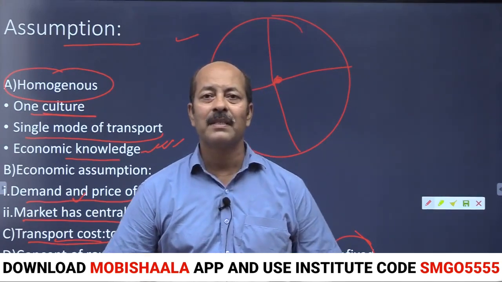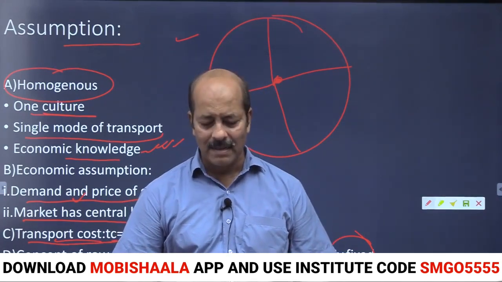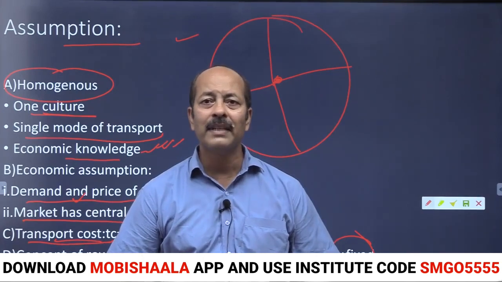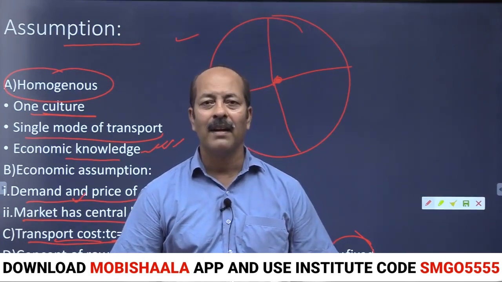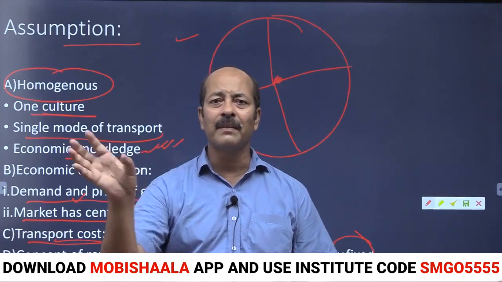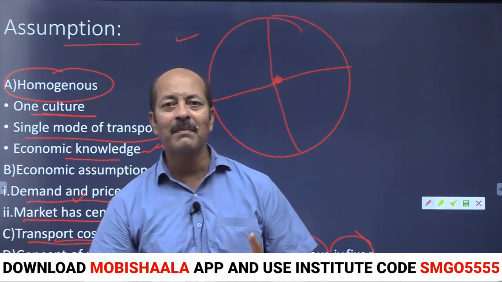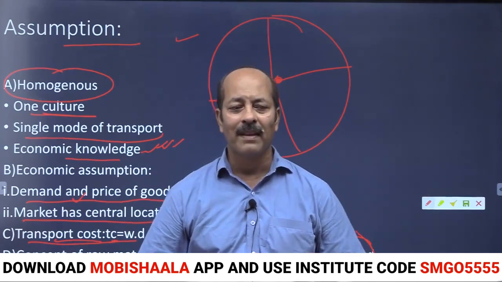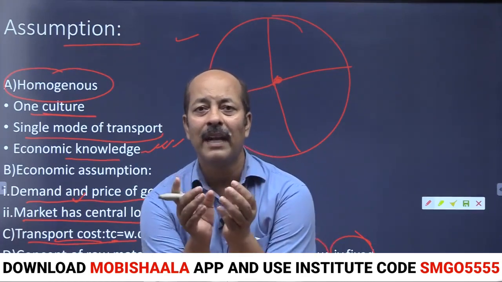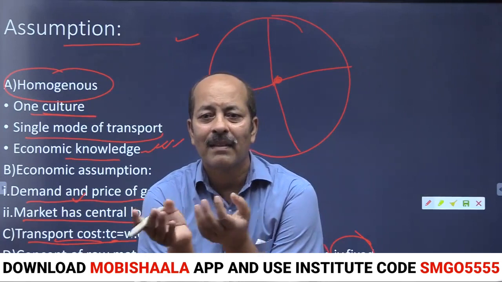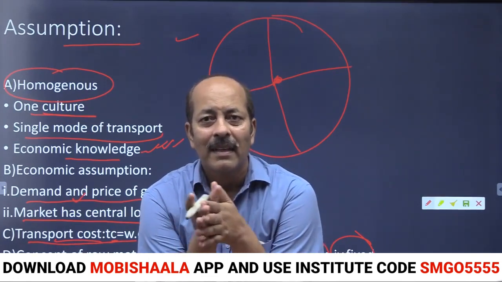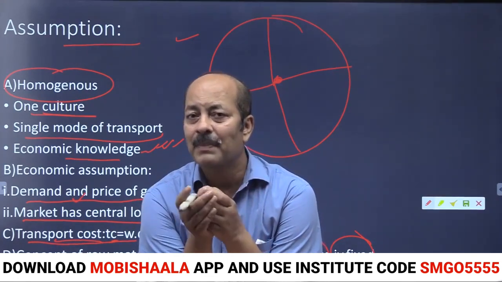Try to understand the meaning of gross material. Suppose you are manufacturing iron and steel and you are using different raw materials: iron, manganese, chromium, coal, different things. These different raw materials aggregate to create some amount of iron and steel.